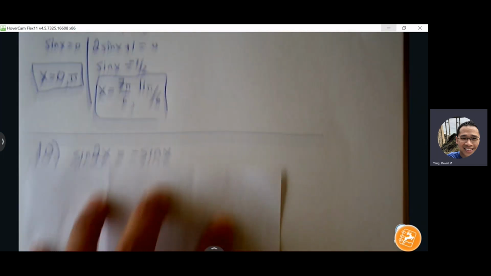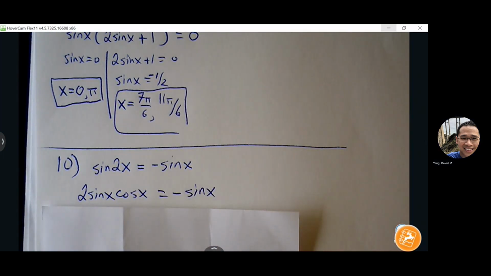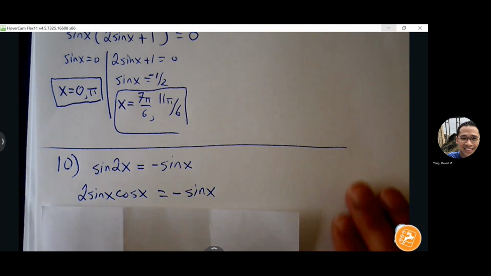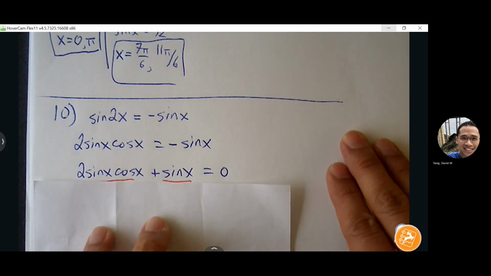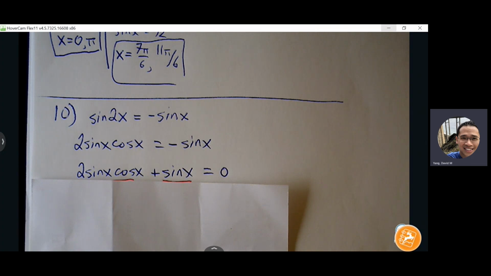Use your formula sheet to find that double angle. And add sine over to the left side. Get both of them together, get that 0 to show up on the other side of the equation. Okay, what's next? Factor. Yeah, GCF.